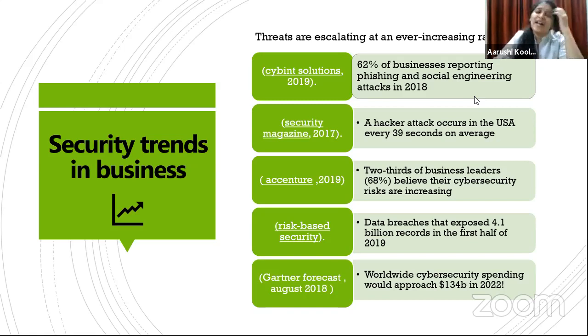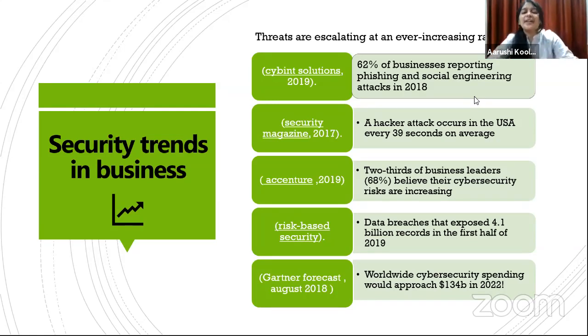Another study tells us that a hacker attack occurs in the USA every 39 seconds on average. This is from Security Magazine 2017. And two-thirds of business leaders, that is 68%, believe their cybersecurity risks are increasing. They agree that cybersecurity risks are increasing day by day.